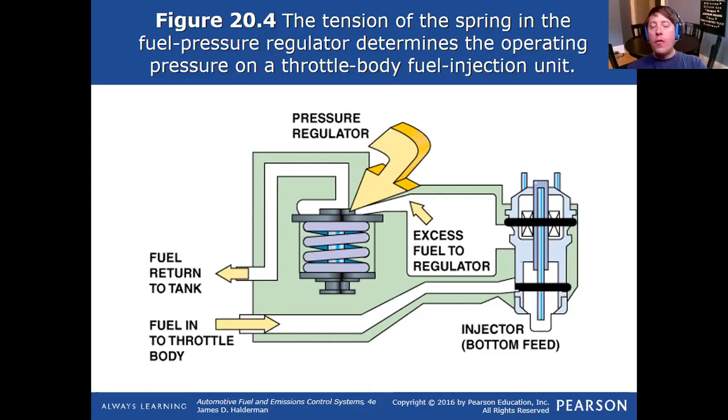However the manufacturer programmed that computer, they had a baseline of fuel pressure and volume to go along with that pulse width of the injectors. So the fuel pressure regulator's job is to maintain that set fuel pressure. And that set fuel pressure can fluctuate. It can go up and it can go down based on engine load.